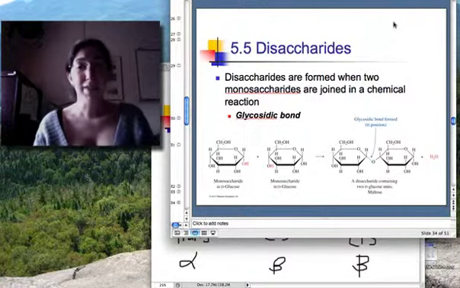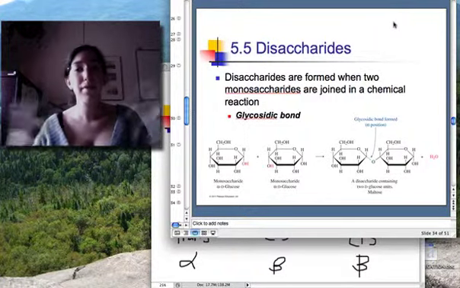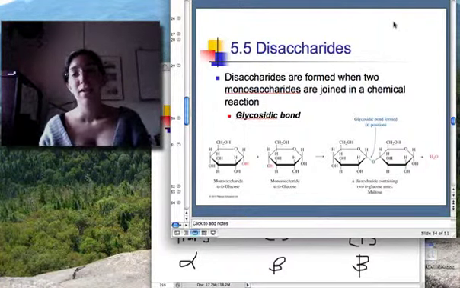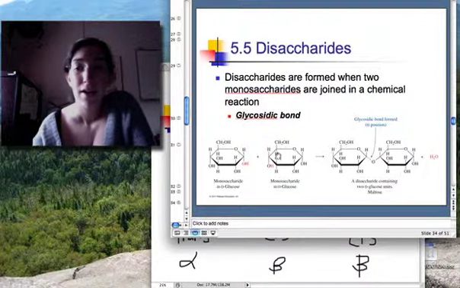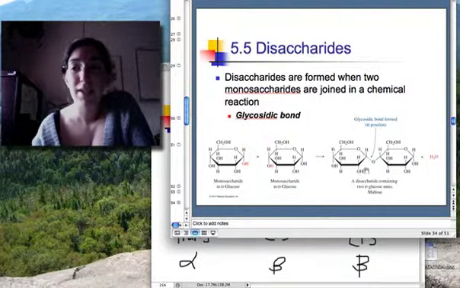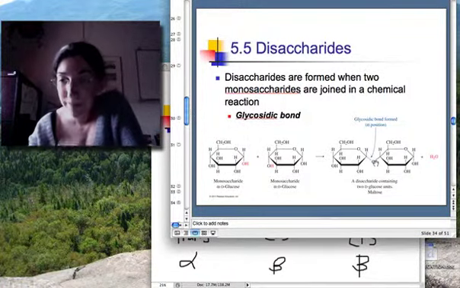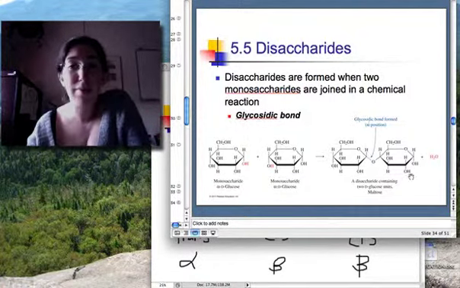Disaccharides are formed by combining two monosaccharides, bonding them together, and that linkage, that bond that forms between them, is called a glycosidic bond, named after the fact that it's between two sugar molecules. So here's an example of alpha D-glucose plus another alpha D-glucose, connecting to form this glycosidic linkage here. And two glucose molecules together form a disaccharide called maltose.